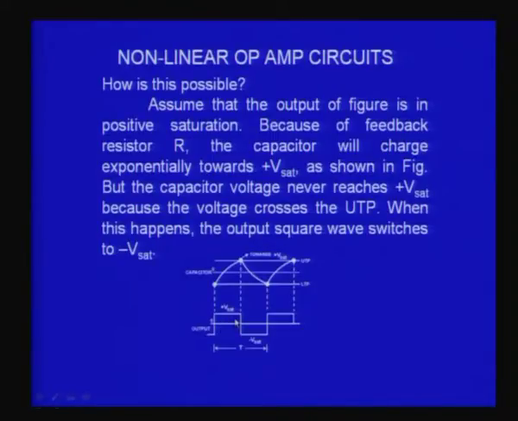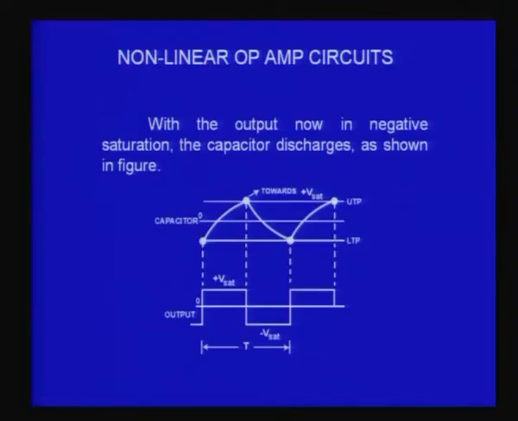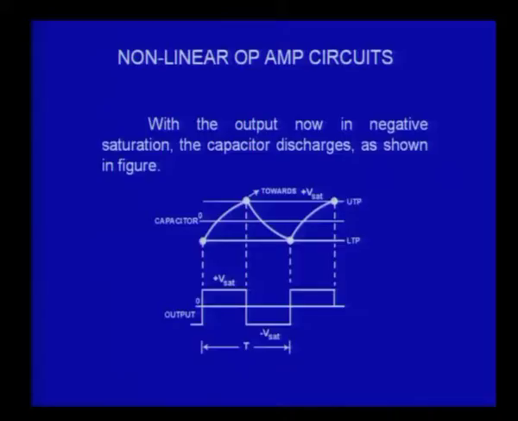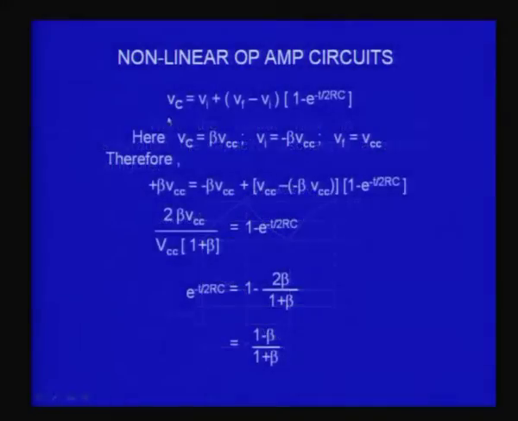Now we will try and see whether we can obtain an expression for the frequency of operation. Any voltage across the capacitor can in general be written as whatever voltage is already there, we call it the initial voltage Vi, plus whatever final voltage you want to reach minus the initial voltage.